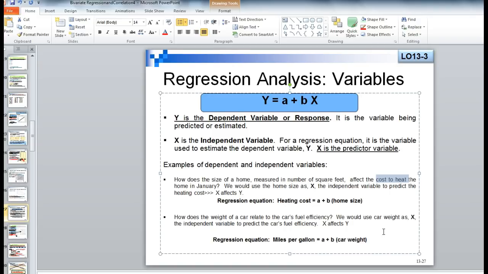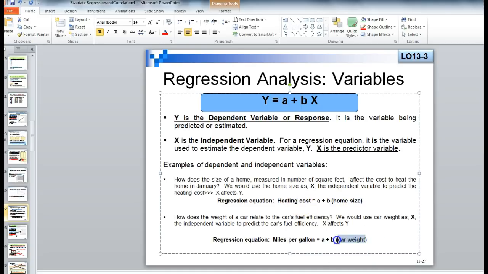We should think it through as x affects y. Y will respond. When we change x, y will respond. So this is pretty obvious then. As we change the size of the home, the cost to heat the home will respond. X, size of the home, affects the heating cost.